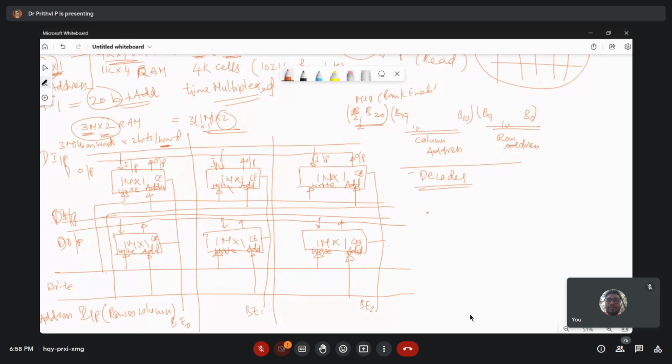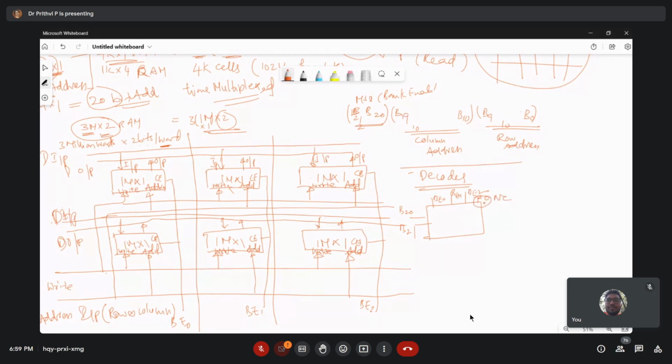The decoder uses B20 and B21 bits for enabling banks: bank enable 0, bank enable 1, and bank enable 2, and this is 0 because we are not having a fourth bank, so there is no connection.